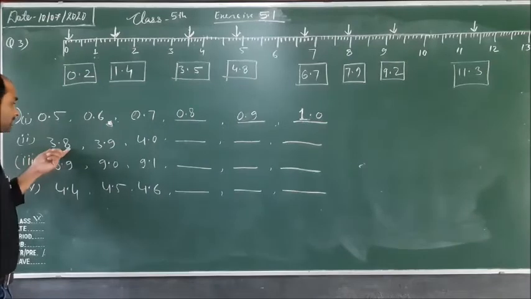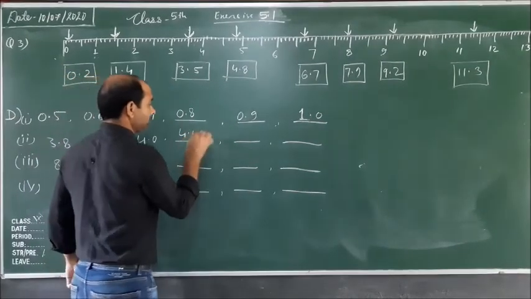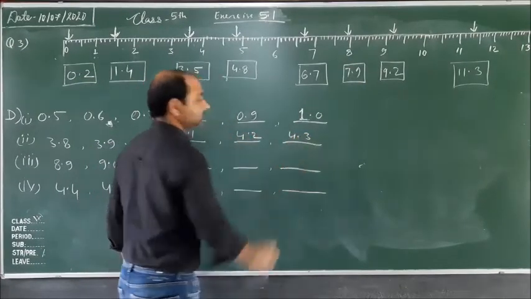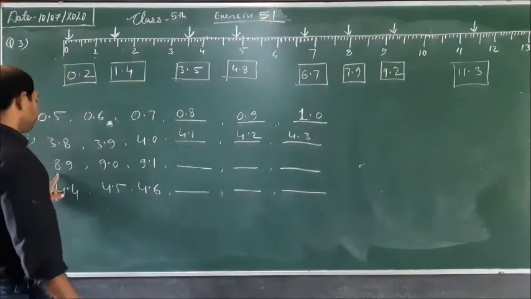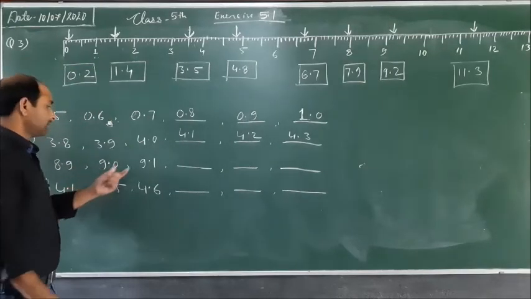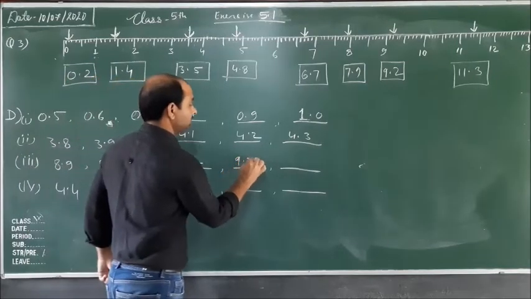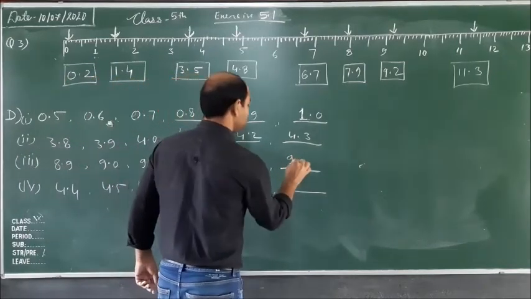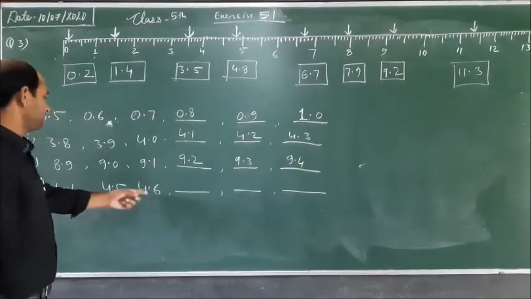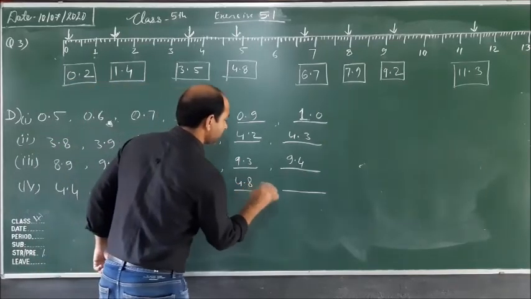Next: 3.8, 3.9, 4, then 4.1, 4.2 and 4.3. Now 8.9, after 8.9 comes 9, 9.1, 9.2, 9.3 and 9.4. Then 4.4, 4.5, 4.6, 4.7, 4.8 and 4.9.